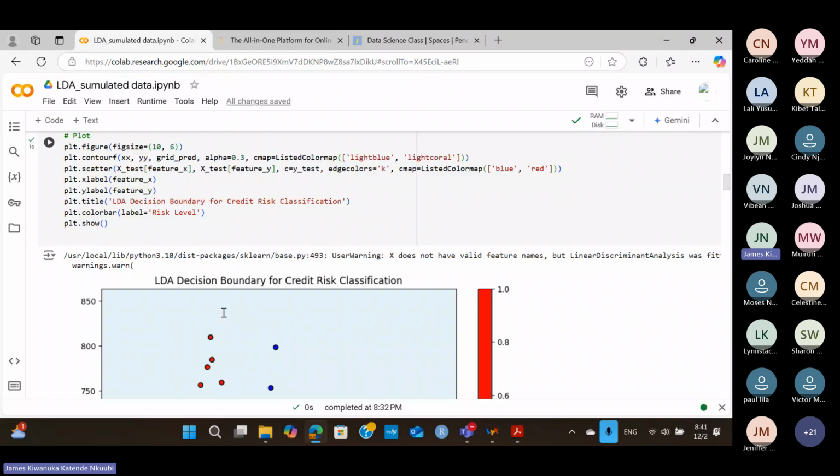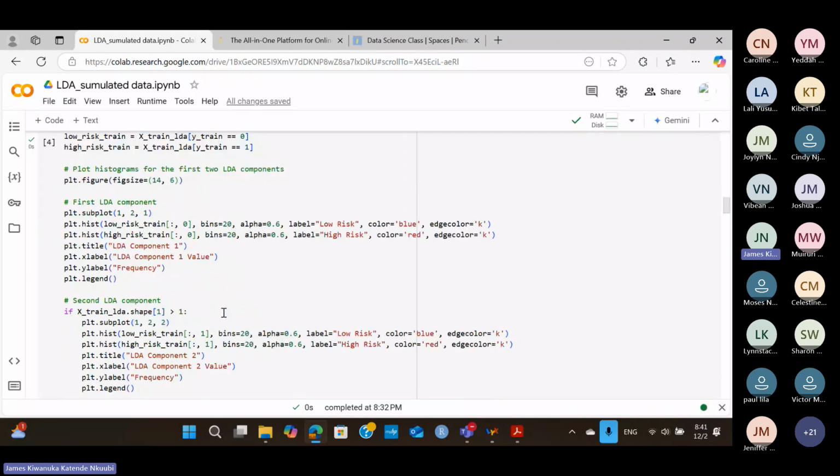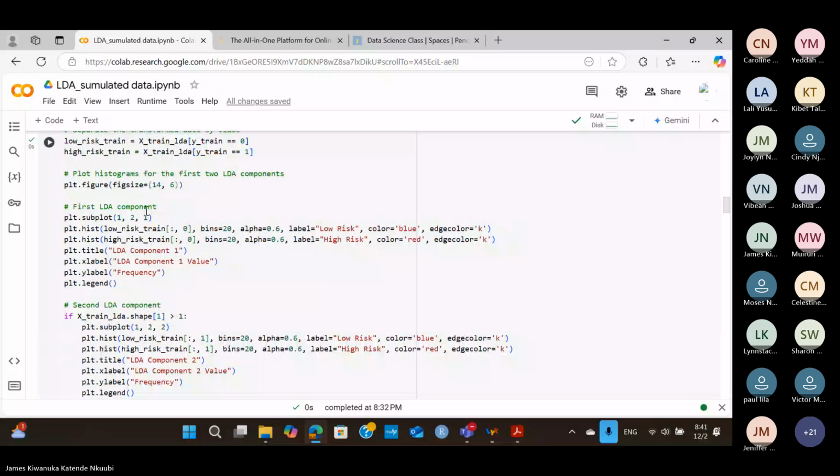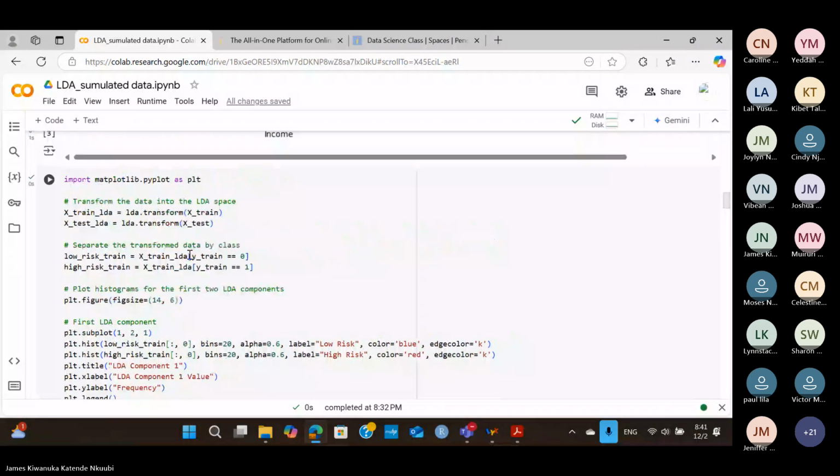If you have a little more courage, you can go further and do this one for plotting the first component. If you are doing only fitting and you want to get the new components, you have to transform the data.